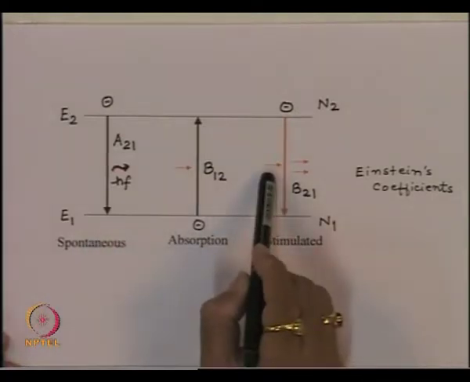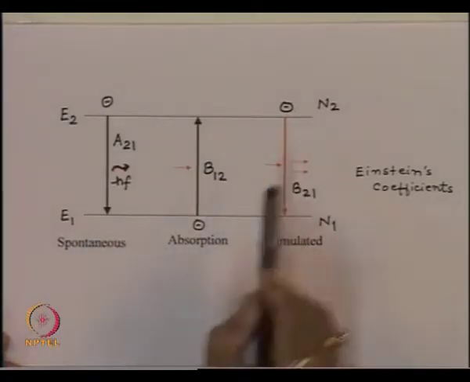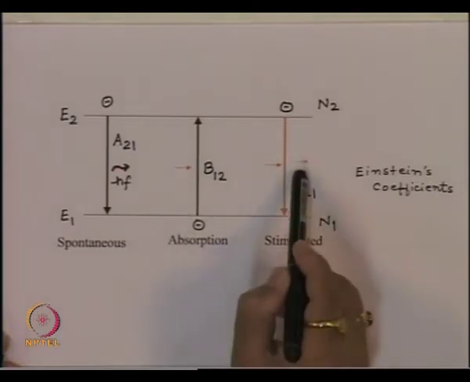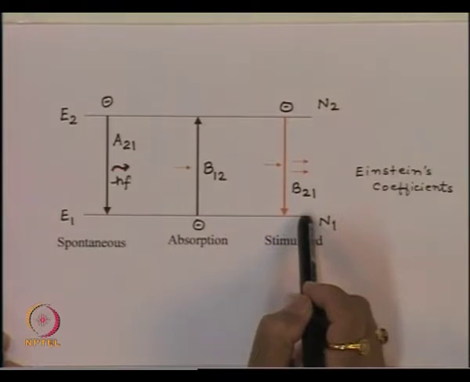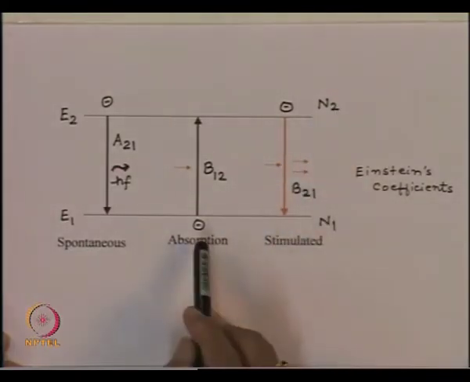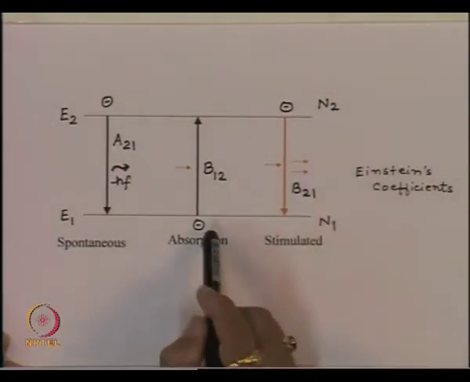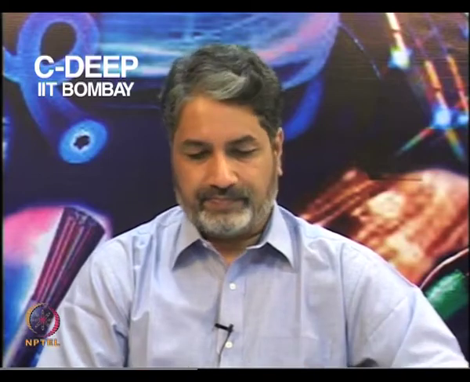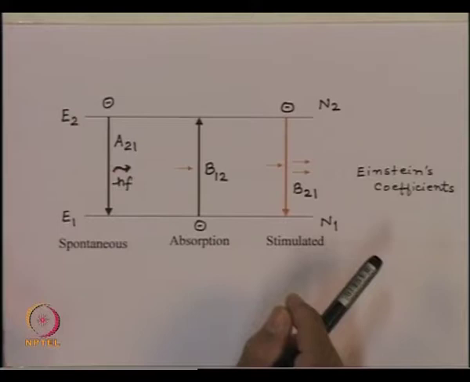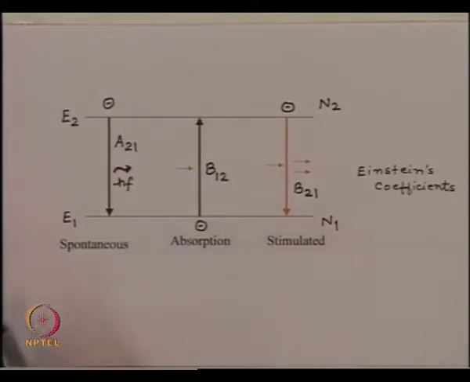One photon incident on this will give rise to two photons which have the same characteristic as the original photon. If there are more electrons available here, then these two photons will pull down two electrons and will create two more new photons. So very quickly the photon number will increase, and as the photon number increases, more and more electrons will be pulled down and more photons will be released. So this process is rather a catastrophic process. It's a multiplicative process.